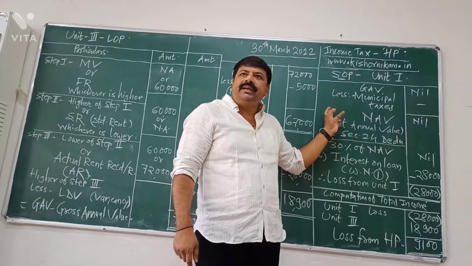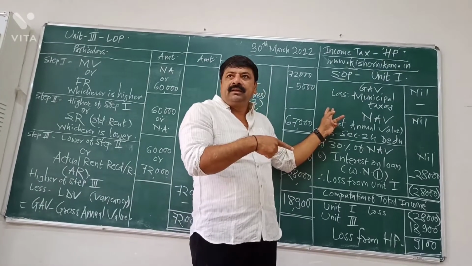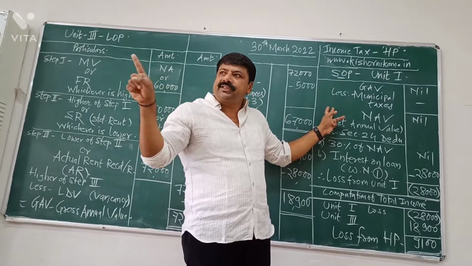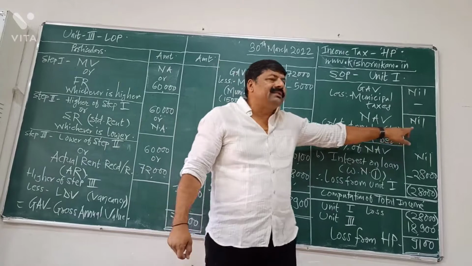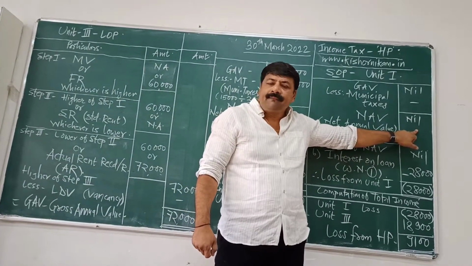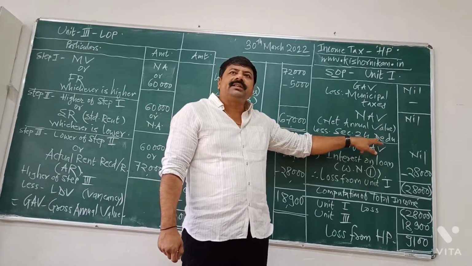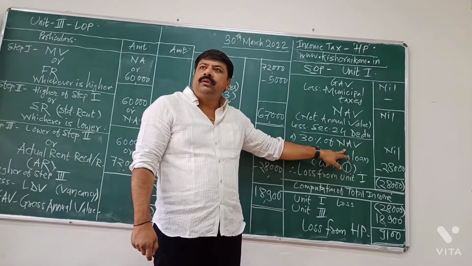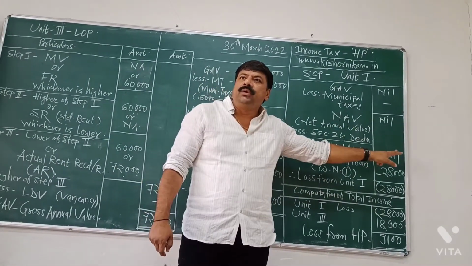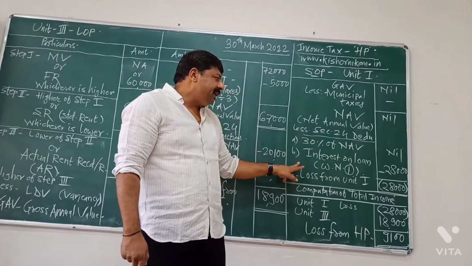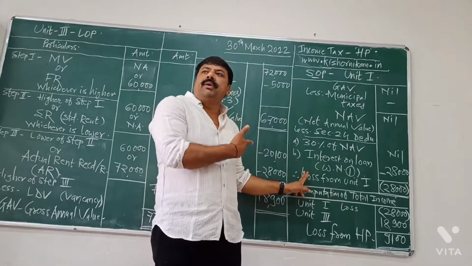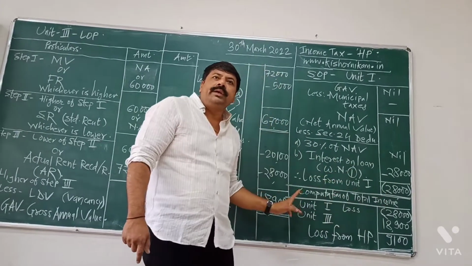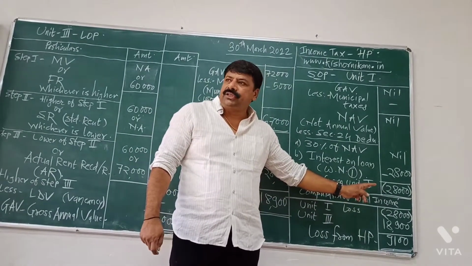So no tax will be deducted even if it is paid. For self-occupied property, no municipal taxes deduction will be given. Net annual value is nil. Clear? Section 24 deductions we will deduct. A is 30% of net annual value, 0 into 30%, 0, nil. In B, interest on loan, working note number 1, 28,000. So the loss from unit 1 is shown as a deduction.